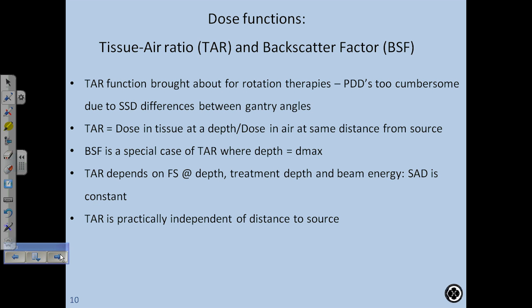What does that mean? You might find tables of TAR, say where the SAD is 100, and then another table where the SAD is 80. You can use the same tables. The SAD 100 and SAD 80 values are not identical, but they're going to be very close to each other. So TAR is not dependent on distance to source.